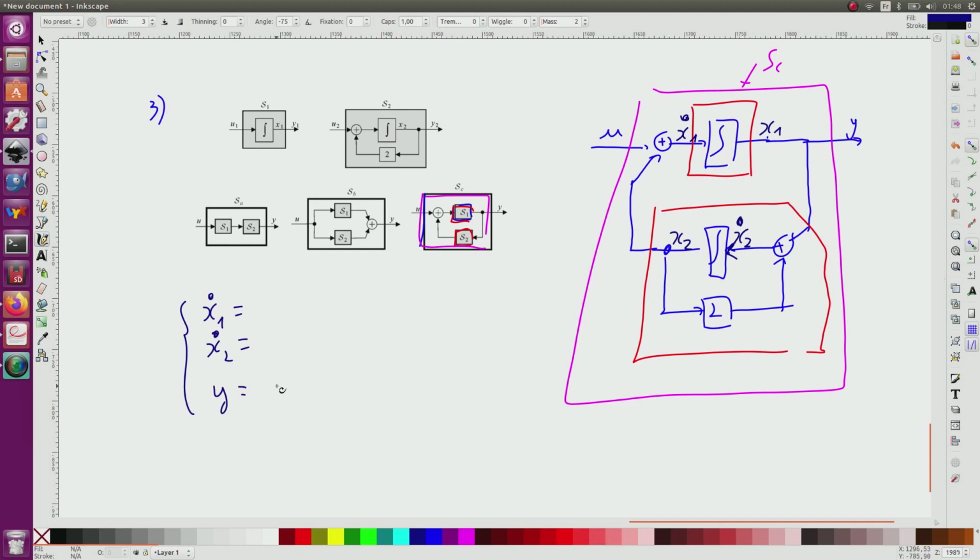It's easy: x dot 1 here is u, this one, plus x2, and x dot 2, which is here, is the sum of x1 here plus 2x2.